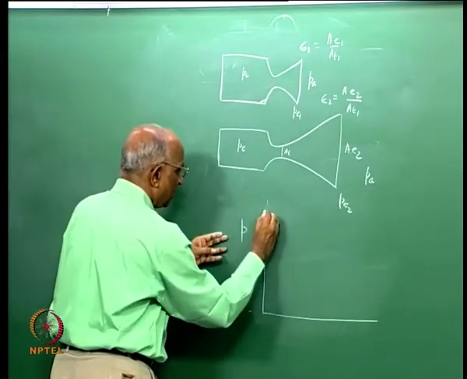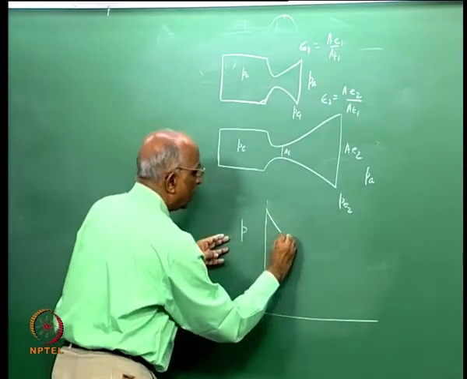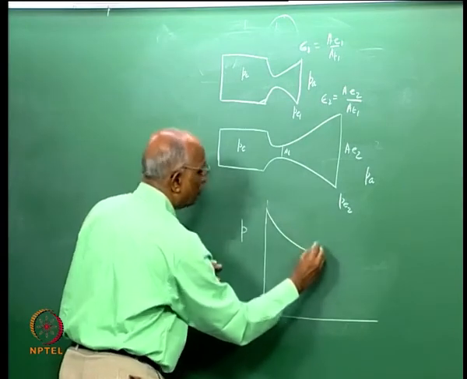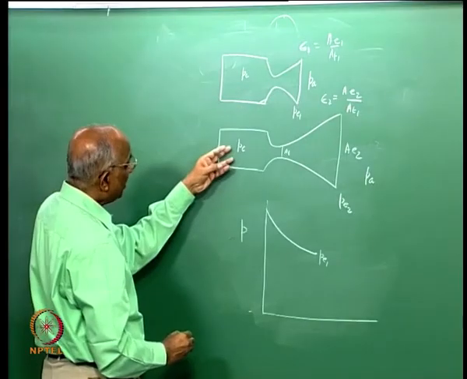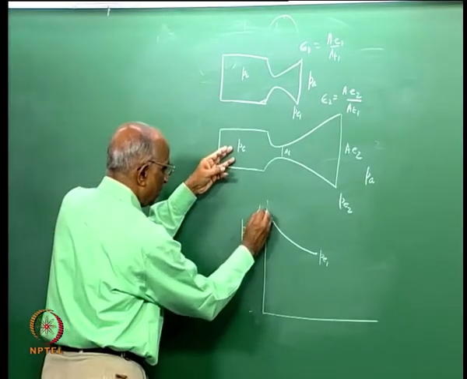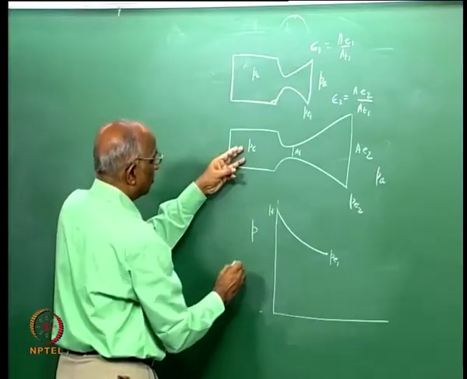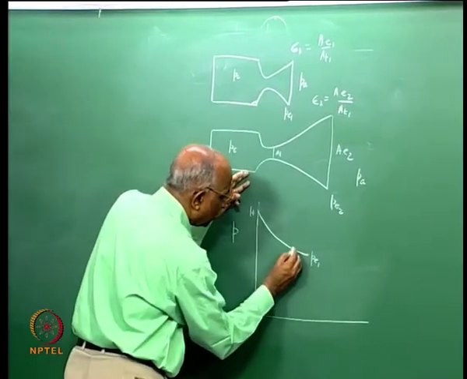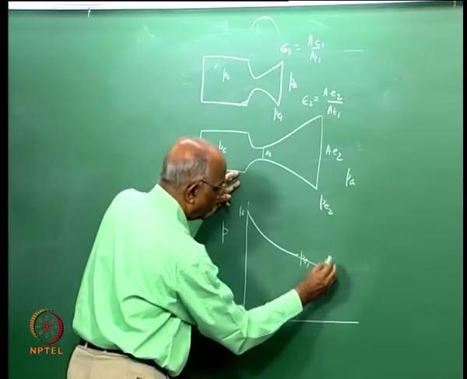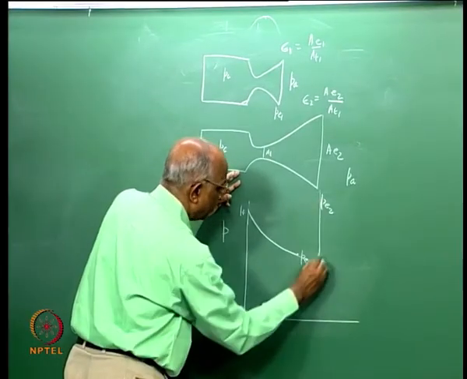In the first case it starts with a value of PC, comes down to a value of PE1. In the second case the same chamber pressure, this is PC, this is the start of the nozzle, and it continues further till I get a much lower value of, let us say, PE2 over here.